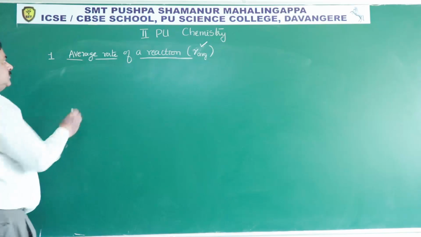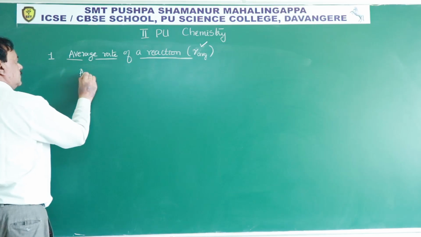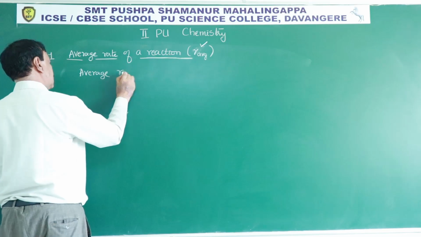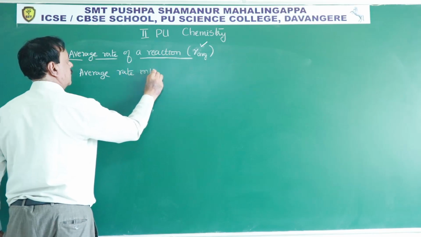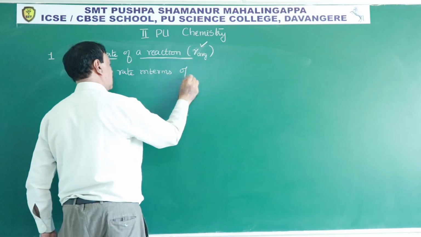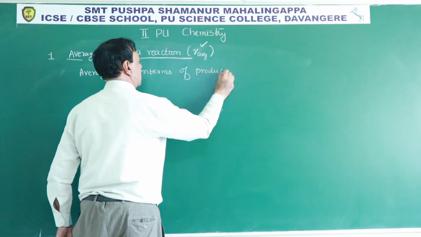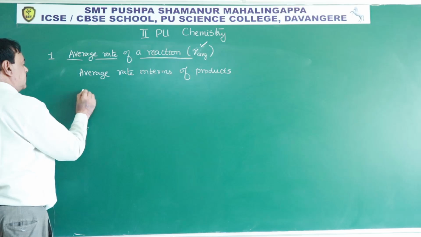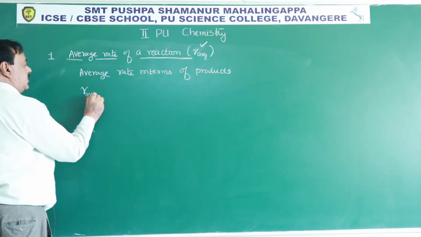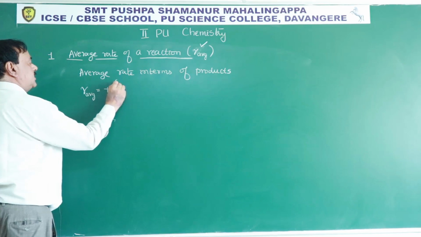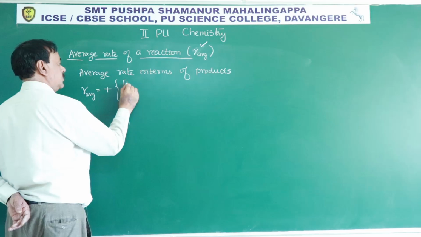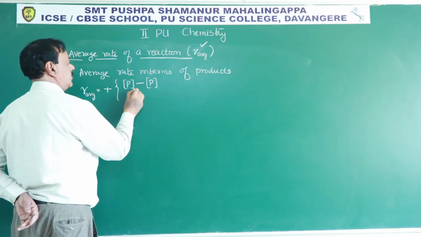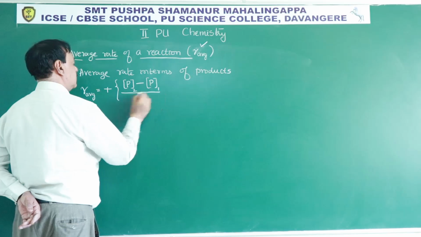Average rate in terms of products. R average is equal to plus, that is P2 minus P1, divided by T2 minus T1.